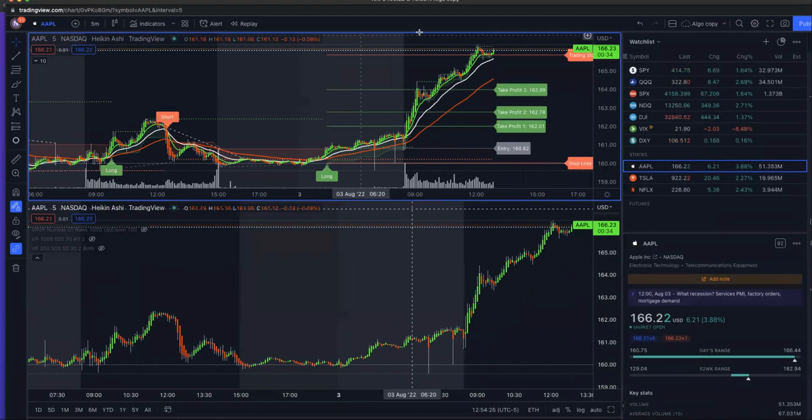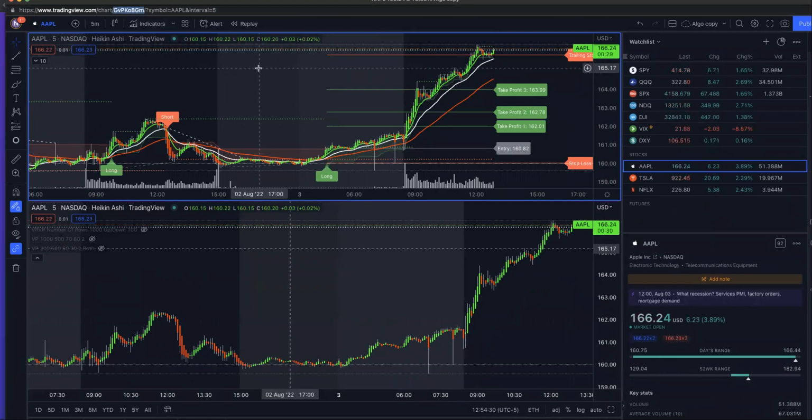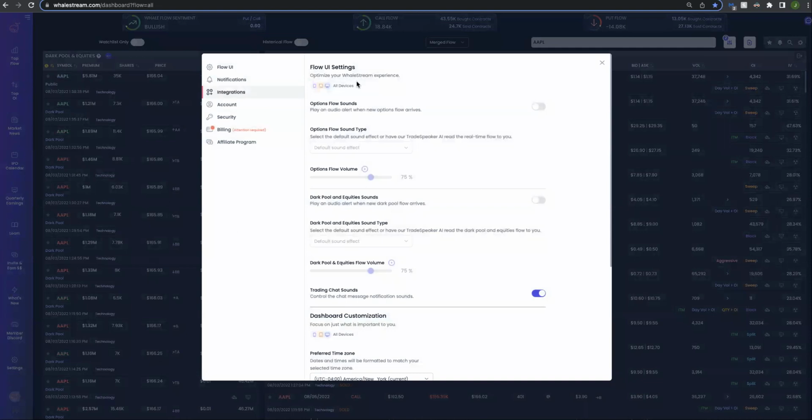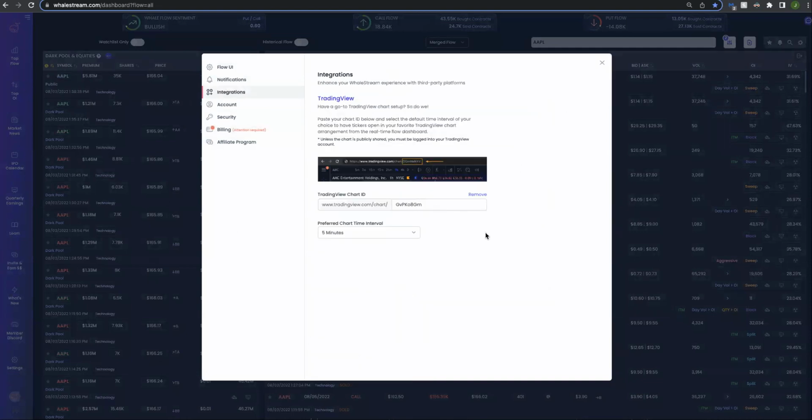Okay. But yeah, if you copy this part of your URL, you can paste that in your settings over here. So that's your preferred chart, and it opens your preferred chart when you request it? Exactly.